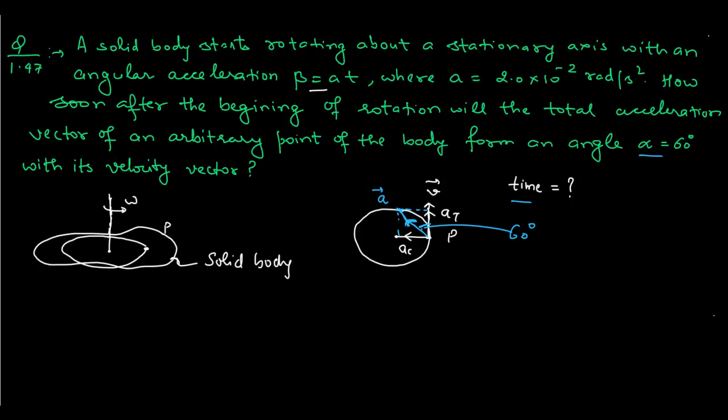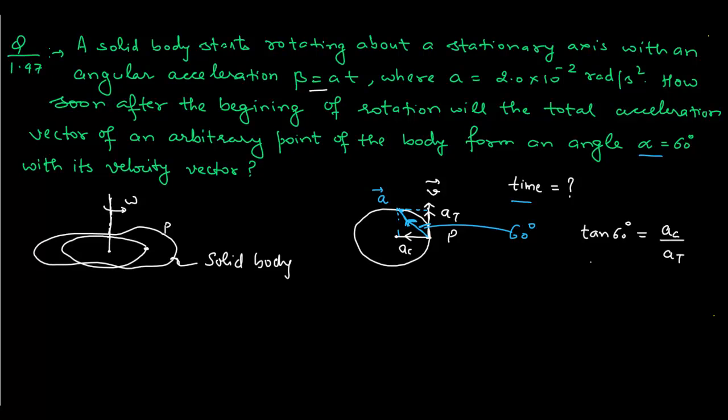From this information we can write tangent of 60 degrees. If you see this triangle carefully, tangent of 60 degrees is equal to AC, the centripetal acceleration, divided by AT, the tangential acceleration.